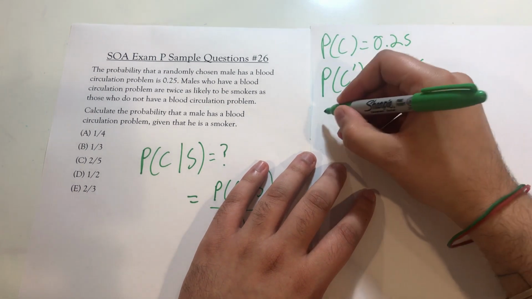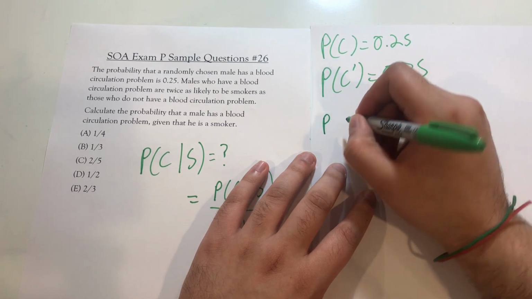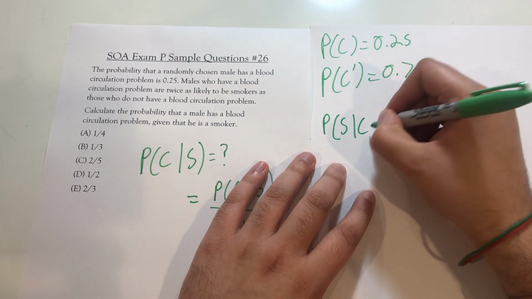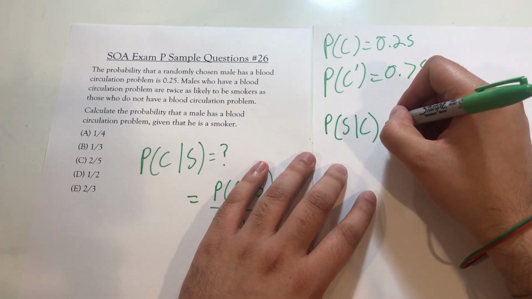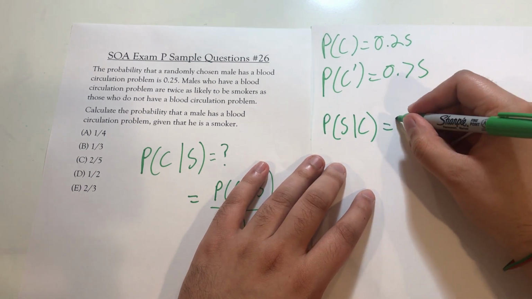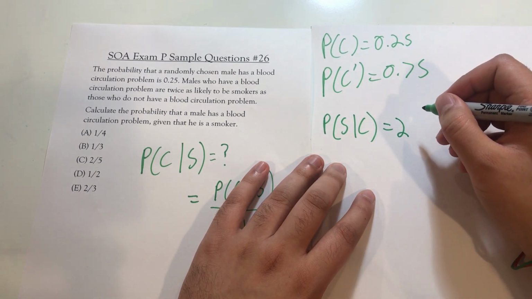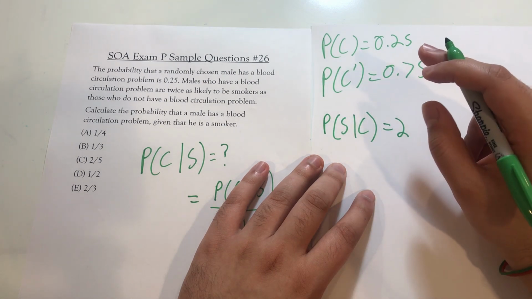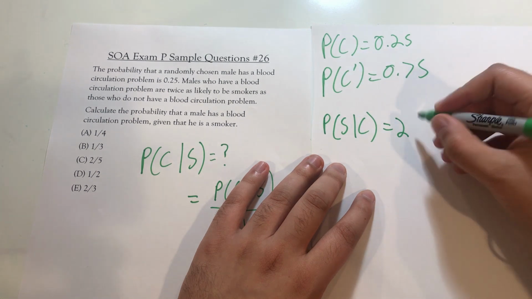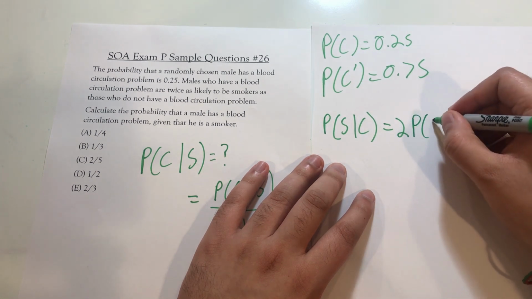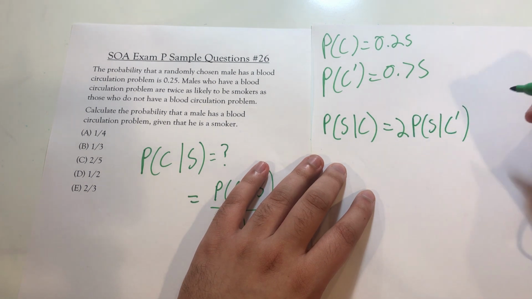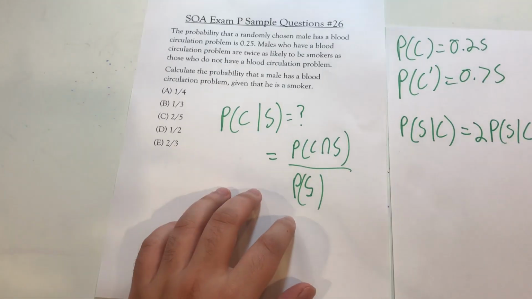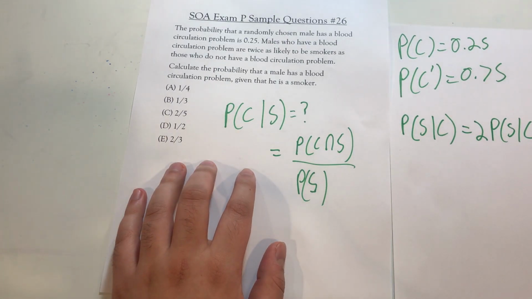And what that's saying is the probability that you are a smoker, given that you have a blood circulation problem, is equal to twice the probability of being a smoker given you don't have a blood circulation problem. Okay, so now how can we use this information? This will be some version of a Bayes theorem problem.